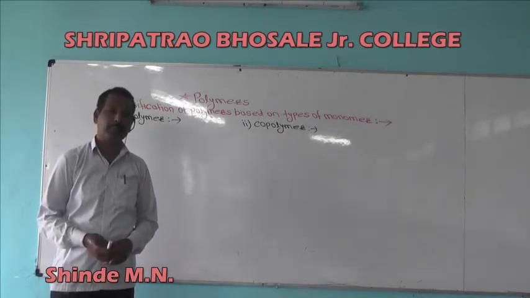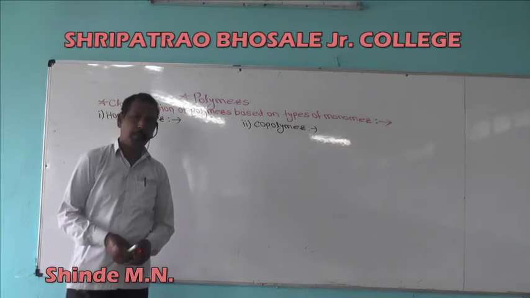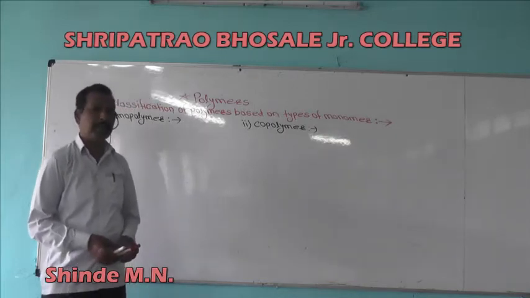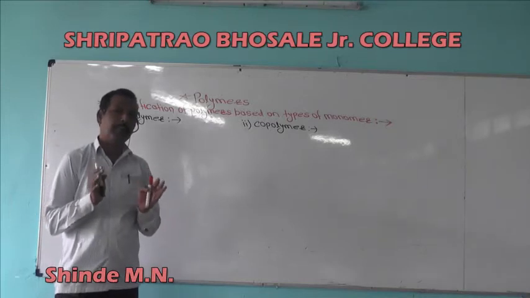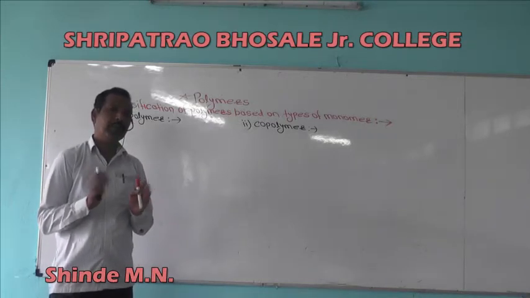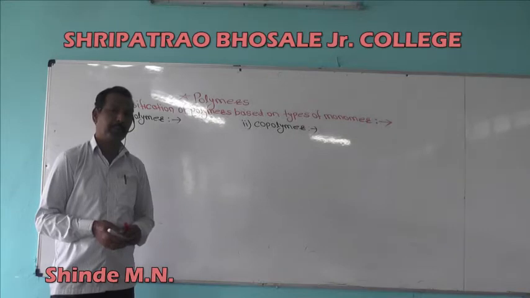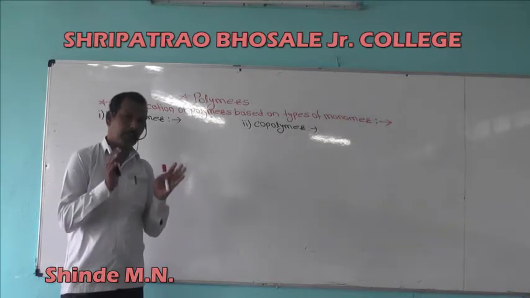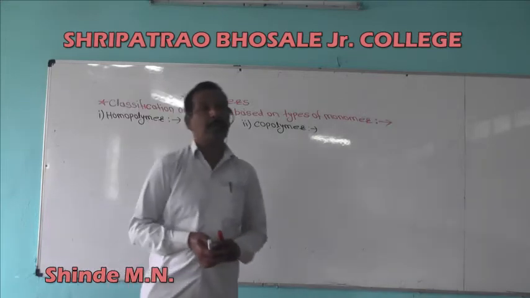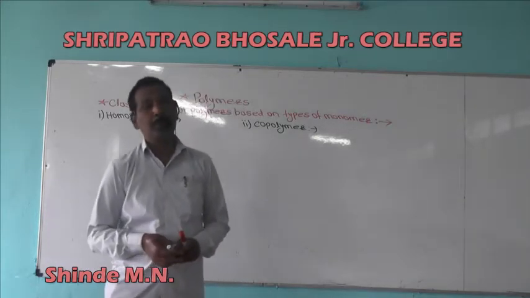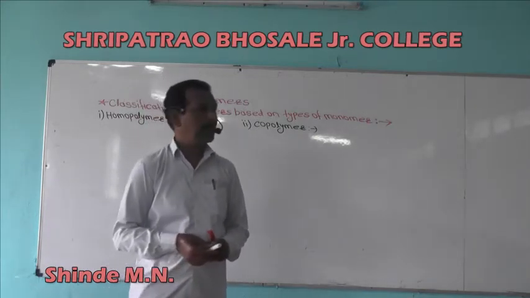Now homopolymer, that is, the polymer is formed by using only one kind of monomer. If a polymer is formed from only one type of monomer, then we call it a homopolymer. Homo means same.